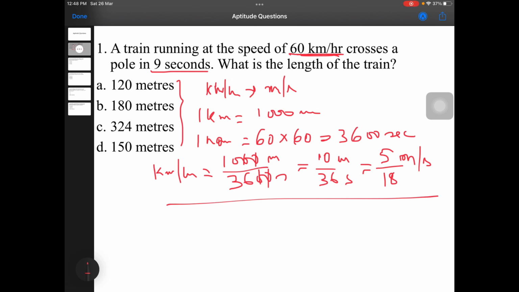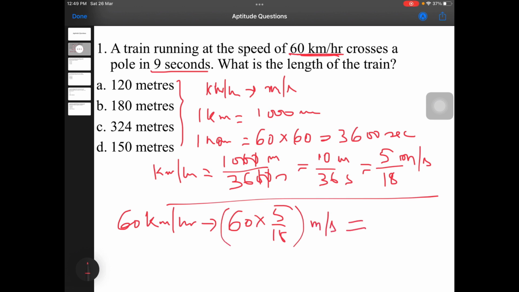So from the given data, the speed of the train is 60 kilometer per hour. So we have to convert this into meter per second. To convert this we multiply 60 by 5 by 18 meter per second.